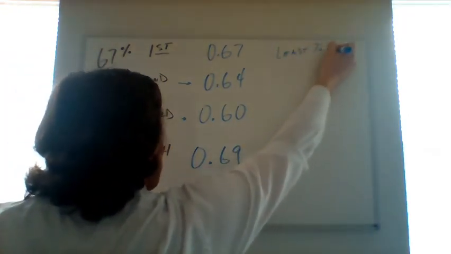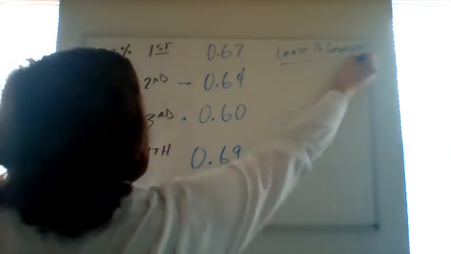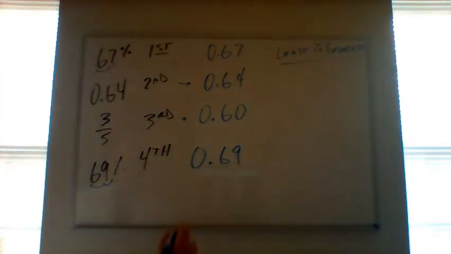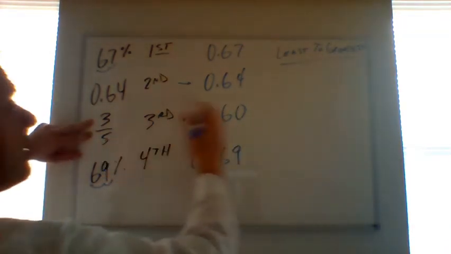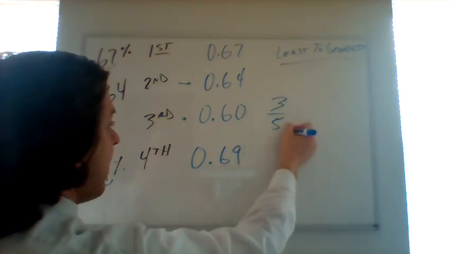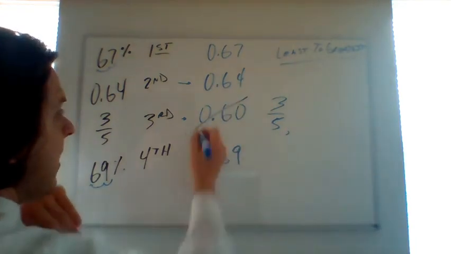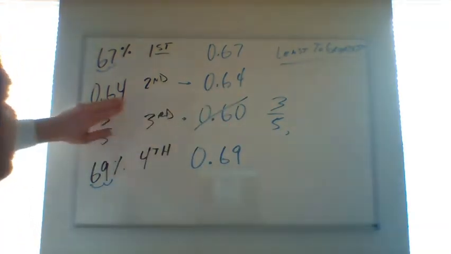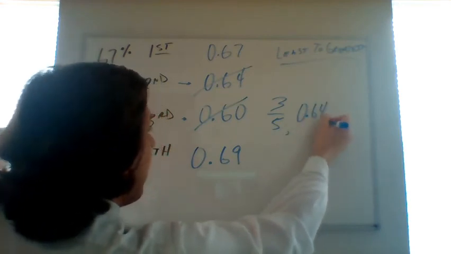So this is very similar to what we just did, but now it's a word problem. So the smallest number up here is 0.60. So I'm going to use the original number, right? 0.60, I'm going to say 3/5. Okay. The next smallest, that was 60, right? What's next? 64, which was just 0.64.